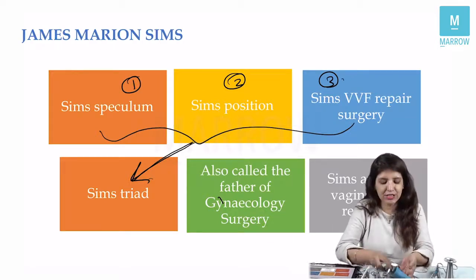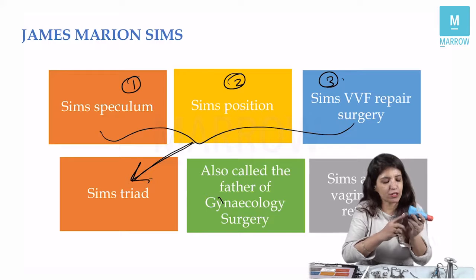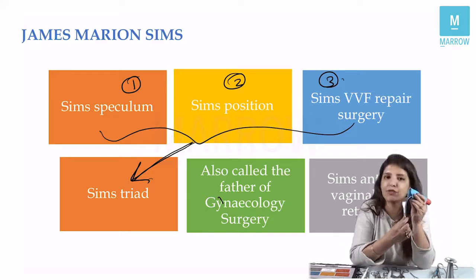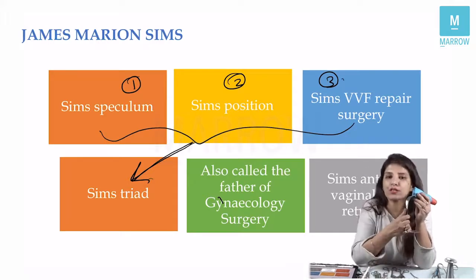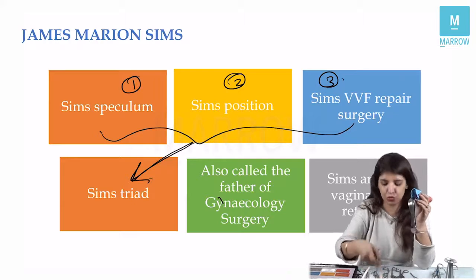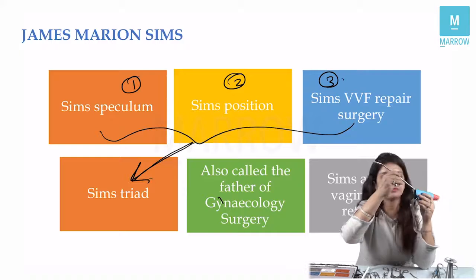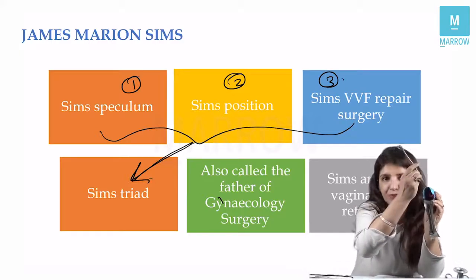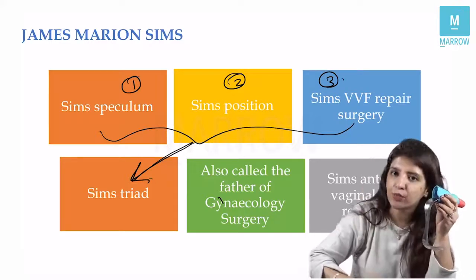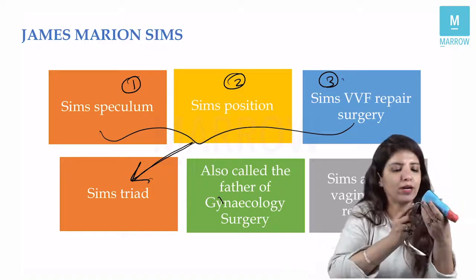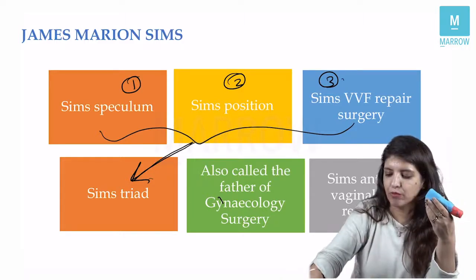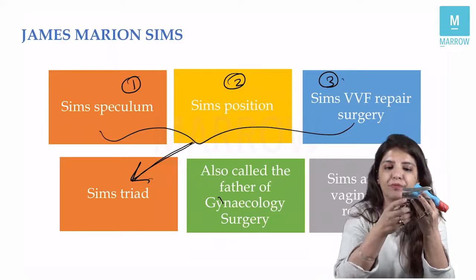Now, the biggest disadvantage of a Sims speculum is that it is non-self-retaining. So, if I am using a Sims speculum and I am using the anterior vaginal wall retractor, I will need assistance, right? This disadvantage can be overcome if I am using this speculum.